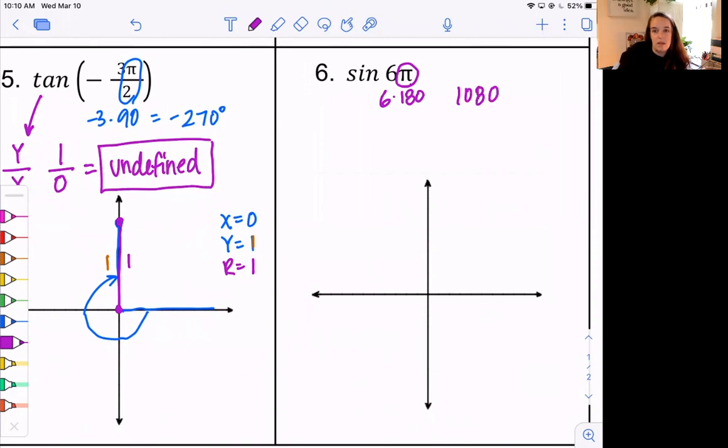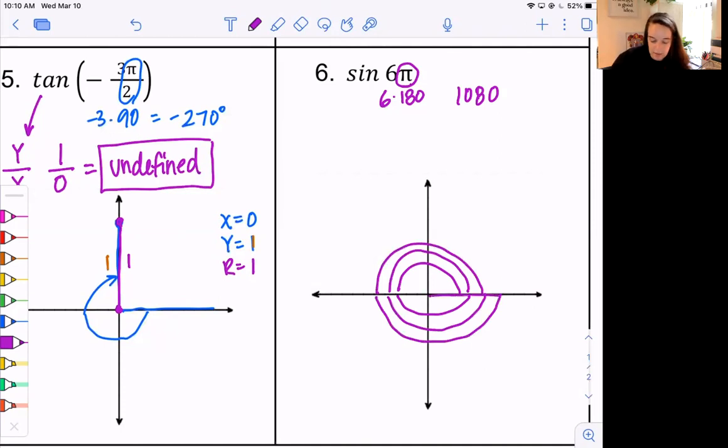I think it's also easier to just say, okay, that's 1 pi, here's 2 pi, here's 3 pi, here's 4 pi, here's 5 pi, here's 6 pi. So I ended up right here, back where I started, essentially.